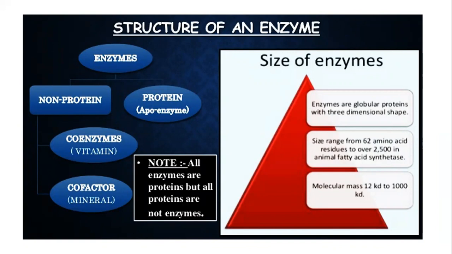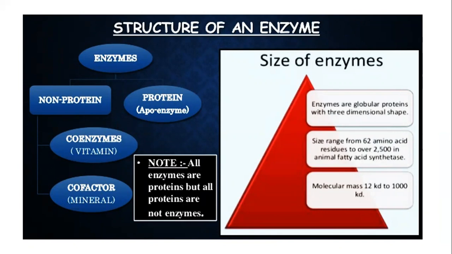The coenzymes are often vitamins, and cofactors are minerals. All enzymes are protein in nature, with some exceptions. There are some RNA molecules which have catalytic activity, but much of the enzyme molecules, most of them, are protein in nature.